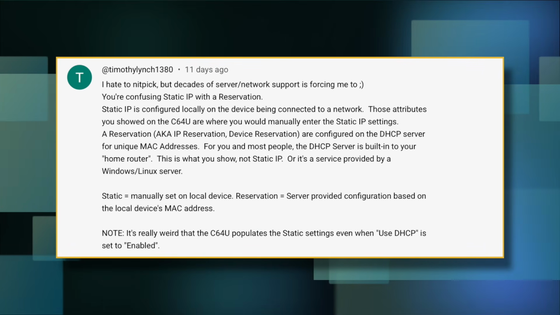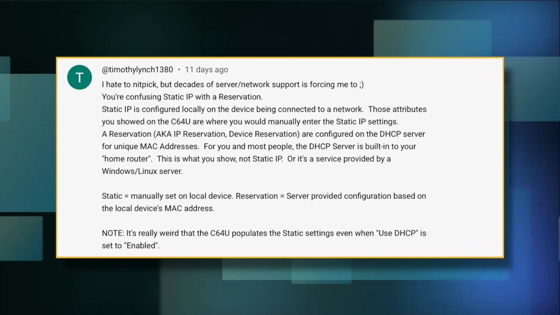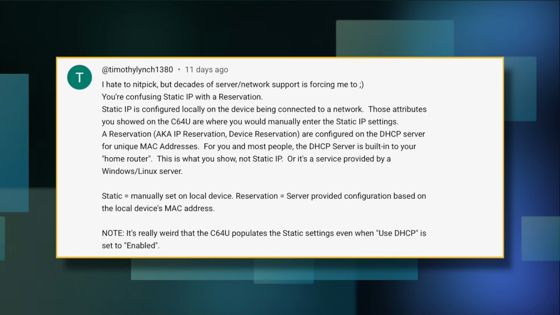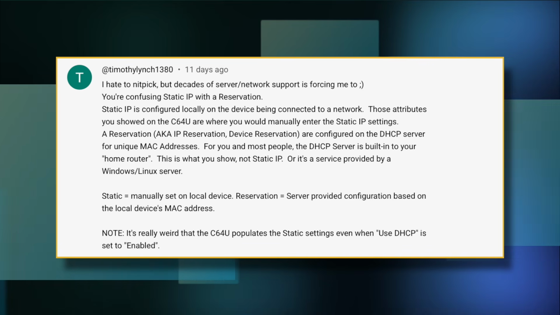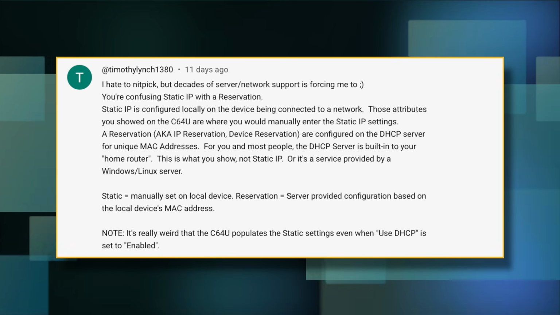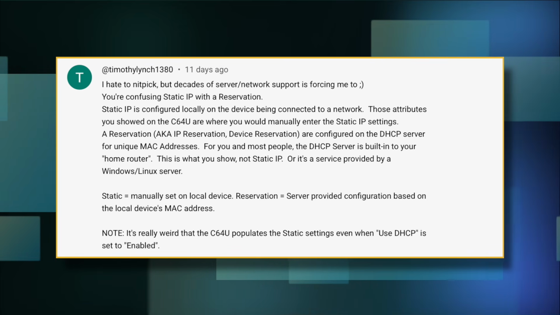So let's begin with our first item. It is from Timothy Lynch 1380. It says, "I hate to nitpick, but decades of server network support is forcing me to, winky face. You're confusing static IP with a reservation." He's totally correct on that. Static IP is configured locally on the device being connected to a network.